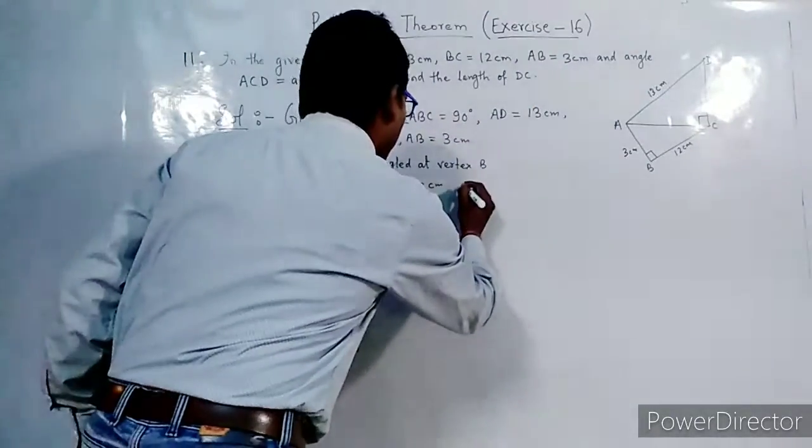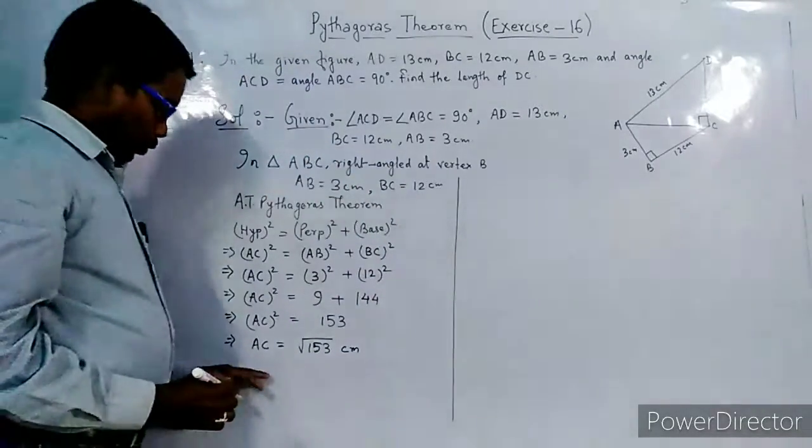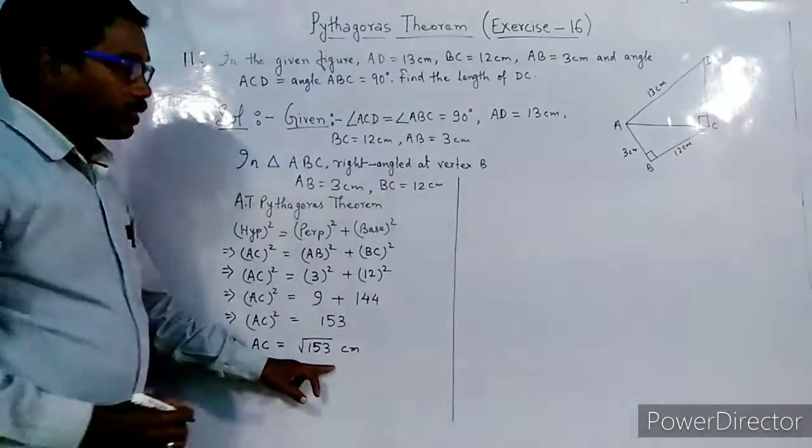So now we will solve DC. So here AC is root 153 centimeter.